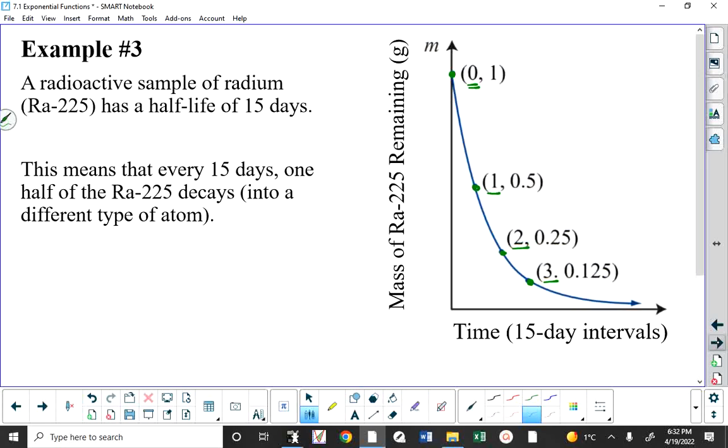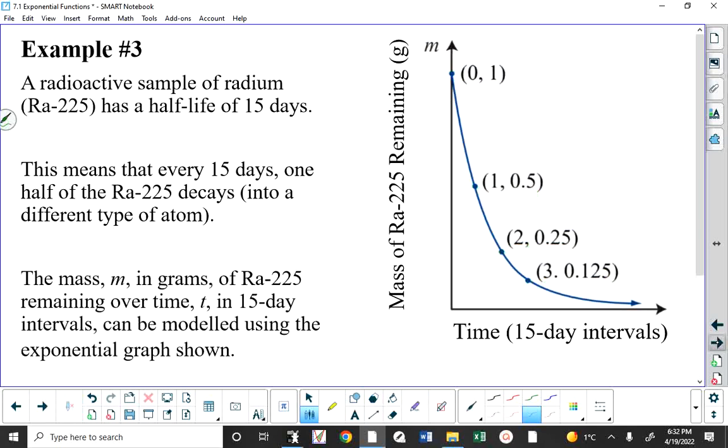Which means that if you start off with 1 gram, after 15 days you have half a gram, and then you have a quarter of a gram, and then you have an eighth of a gram. So there's a graph shown to you and we're asked some questions.